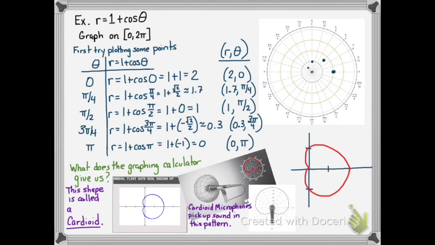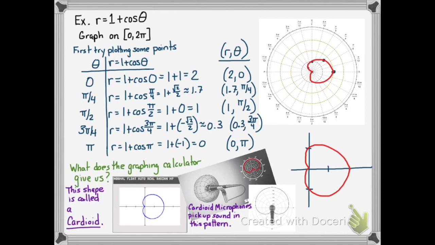Here's a hand-drawn picture of our cardioid on a rectangular grid, and I can try to do a good job on my polar graph as well. I didn't plot any of the points along the bottom, but hopefully you get the idea that if we had plotted points on that bottom half from pi to 2 pi, we would have gotten points that would lie along this cardioid.